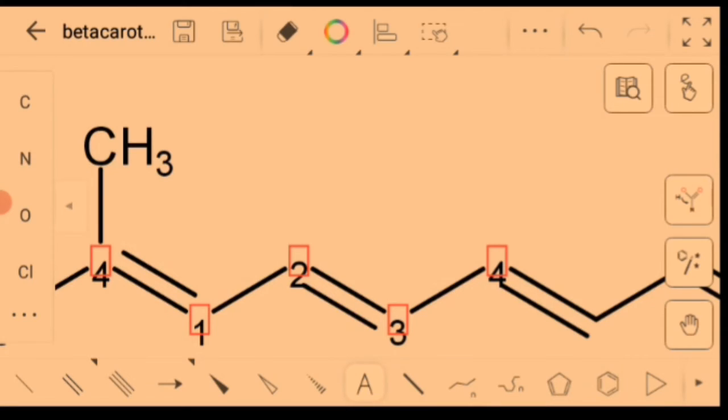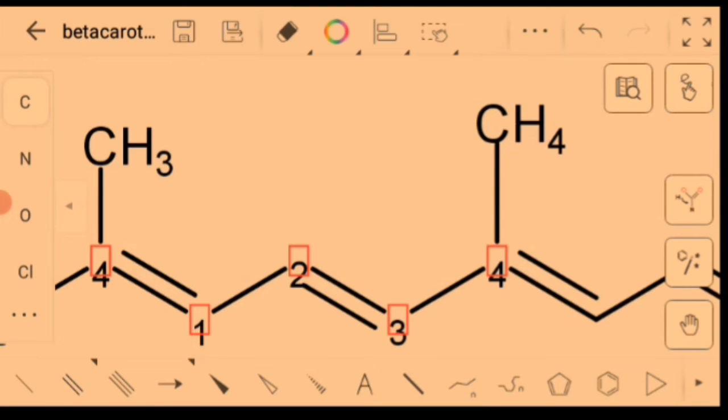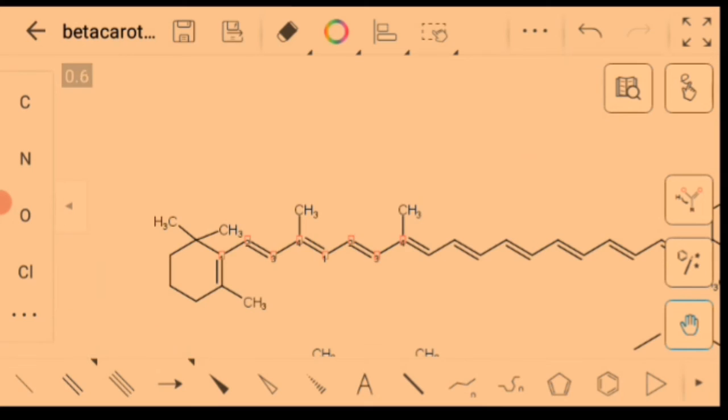Now, I add the second methyl group. Oh, sorry about that. Let's add my second methyl group. So when you see this, it makes me understand that when starting from the beta ion ring, I just have to count 1 to 4, then add my methyl group, then count another 1 to 4 after the methyl group I added, then add the second methyl group.